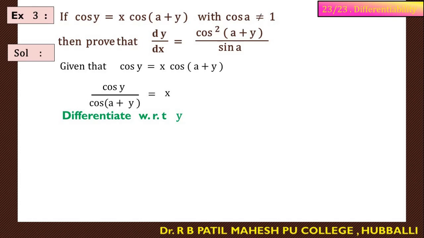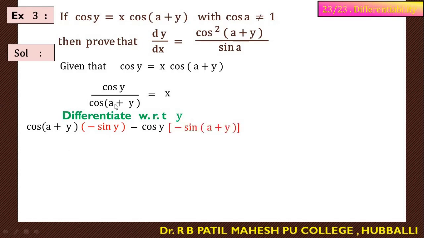So according to the quotient rule, denominator function as it is, that is cos of a plus y, and the derivative of cos y is minus sine y. Don't multiply here dy by dx, because we are differentiating with respect to y only. Minus cos y as it is. Now the derivative of cos of a plus y is composite: minus sine of a plus y.